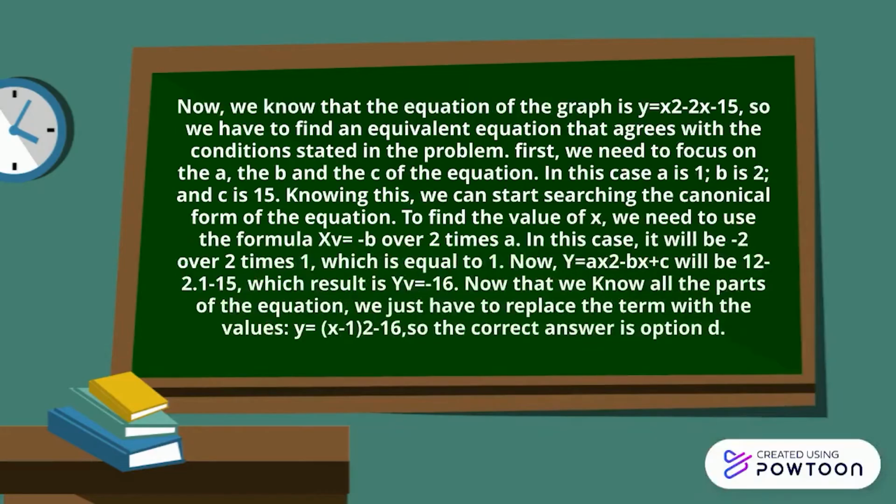Now that we know all the parts of the equation, we just have to replace the terms with the values. y equals (x minus 1) squared minus 16. So the correct answer is option D.